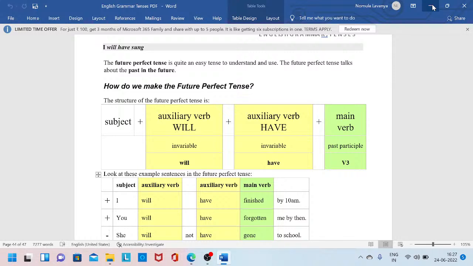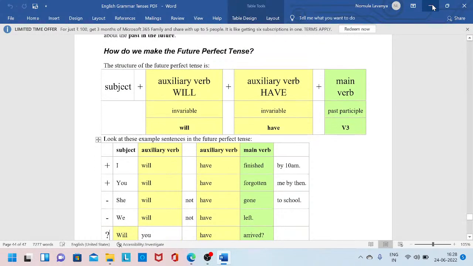The verb formation says that the work might be finished. I will have finished by 10 a.m. So it's about the future, but sometimes in the future they're talking about the past also. Past in the future. You will have forgotten me by then.